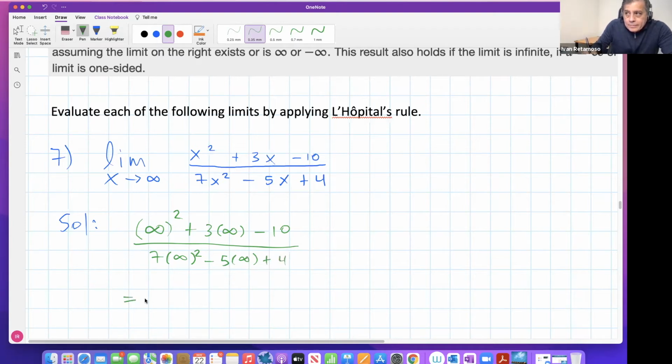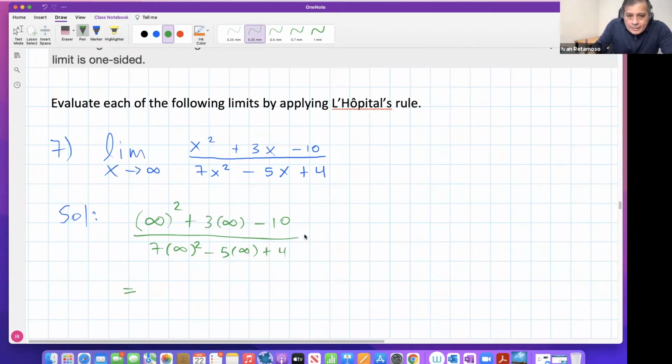Remember, infinity is a huge number, right? When squared, even bigger. So infinity squared, infinity. 3 times infinity, infinity. And infinity minus 10: comparing infinity with 10, 10 is nothing. So this ends up being just infinity.